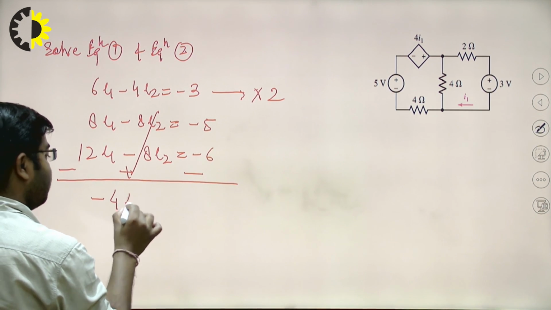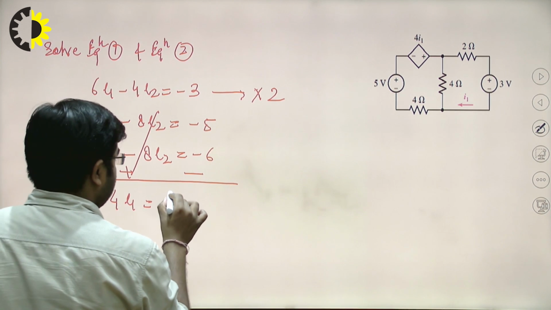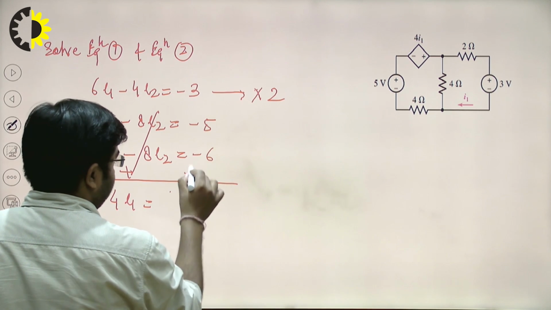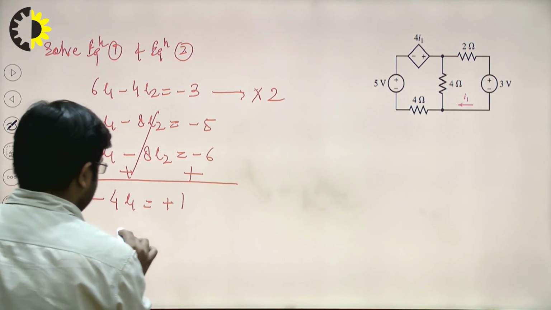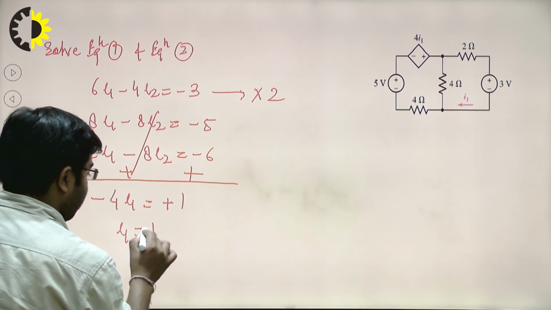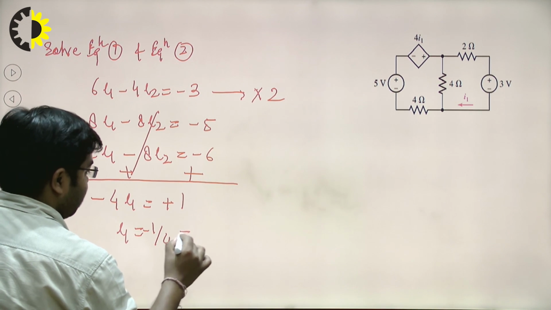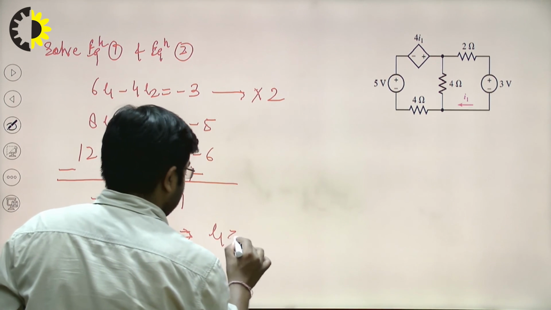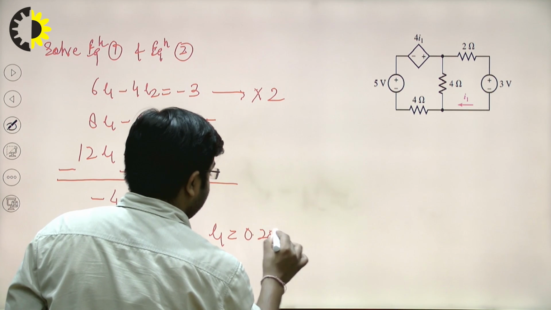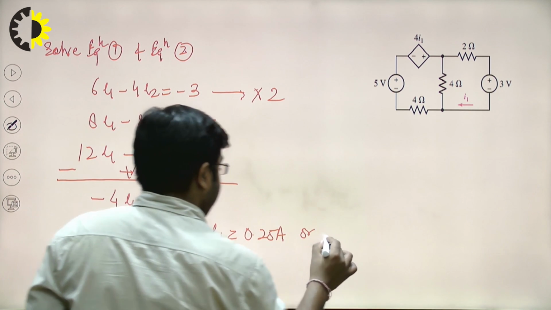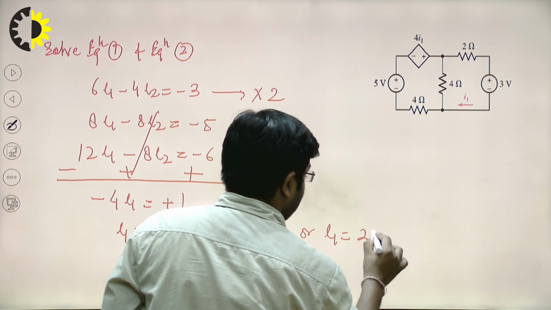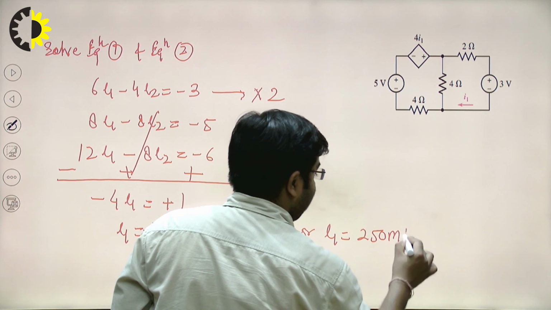This will be minus 4I1, that is equal to, sorry, this will be plus. So this will be plus 1. So I1 will be 1 by minus 1 by 4. So you can write I1, that is equal to 0.25 ampere, or I1 is equal to 250 milliampere.